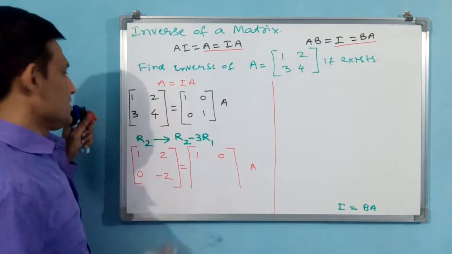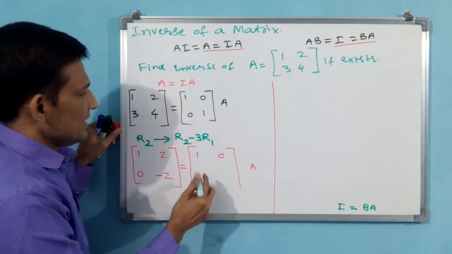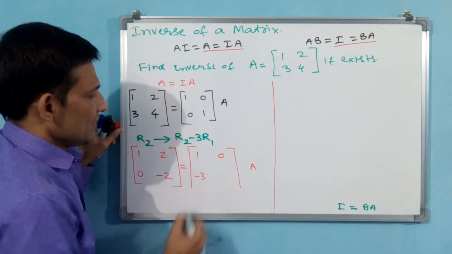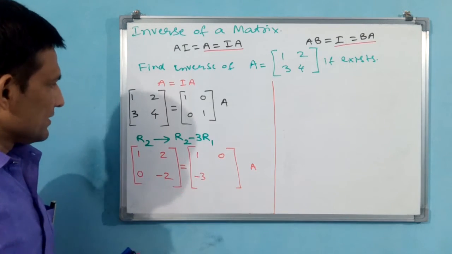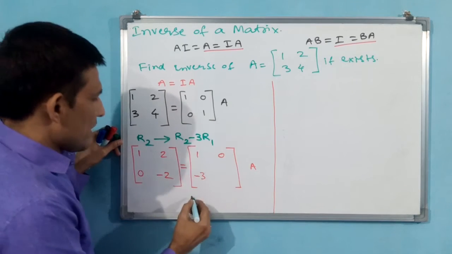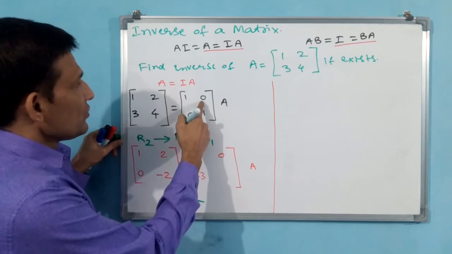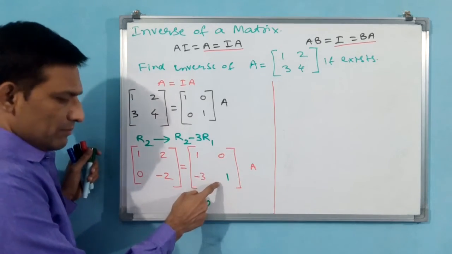Okay. Now come to this side. 3R1: 3, 0 minus 3, minus 3. Okay, see here: R2 minus 3R1. And let us do this one. R2 is how much? 1 minus 3 into 0 is 0, 1 minus 0 is 1. Here 1 is going to come.